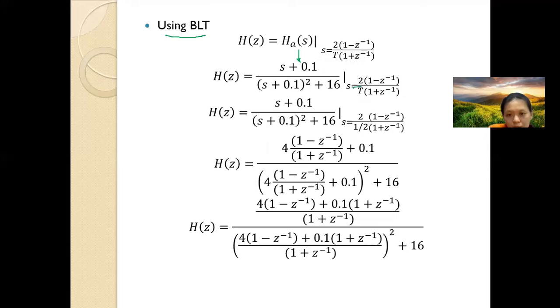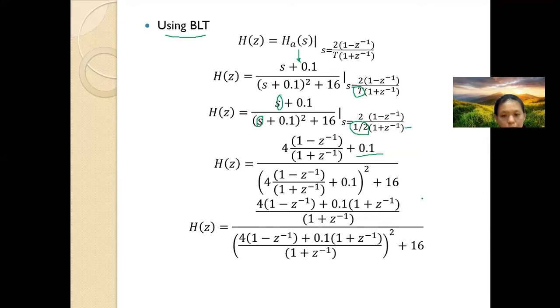And then our T, we substitute 1/2 in here. So 2 divided by 1/2, we get 4. So we have 4 times (1 minus z^-1) over (1 plus z^-1), plus our 0.1, same for s here. So we just substitute our s into this equation.